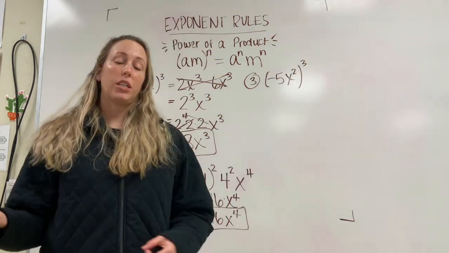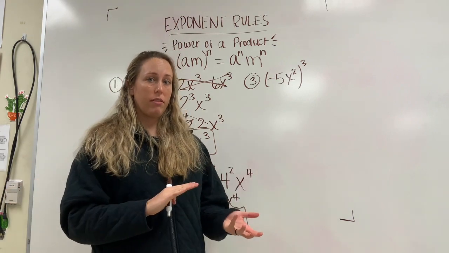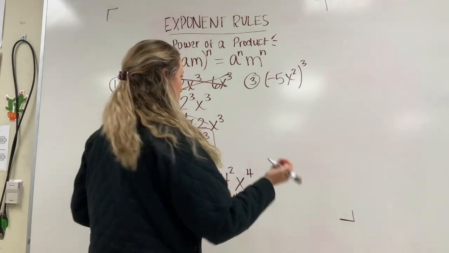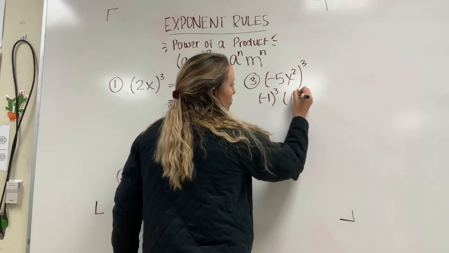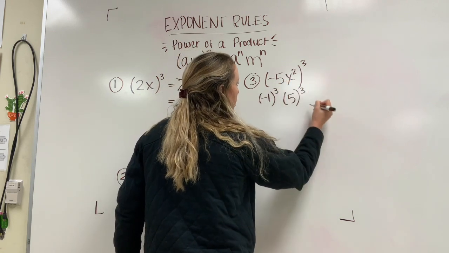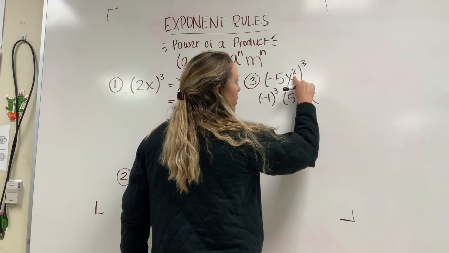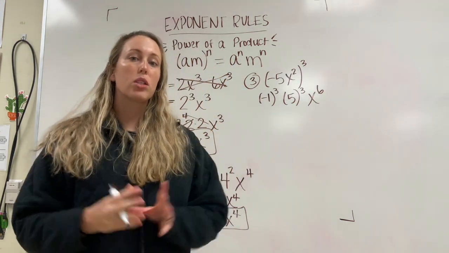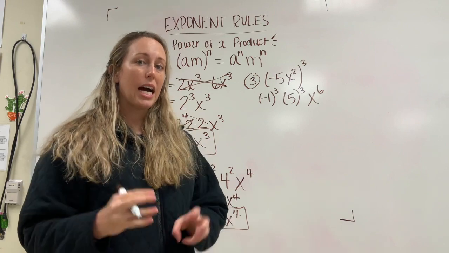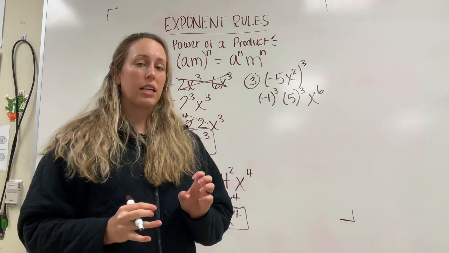So we've got (-5x squared) cubed. We're going to distribute our cubed to everything in the parentheses. So that includes our -1, our 5, and our x squared cubed is x to the 6th because we multiply the 2 and the 3. We do not add exponents when it's an exponent raised to an exponent. Don't do it.